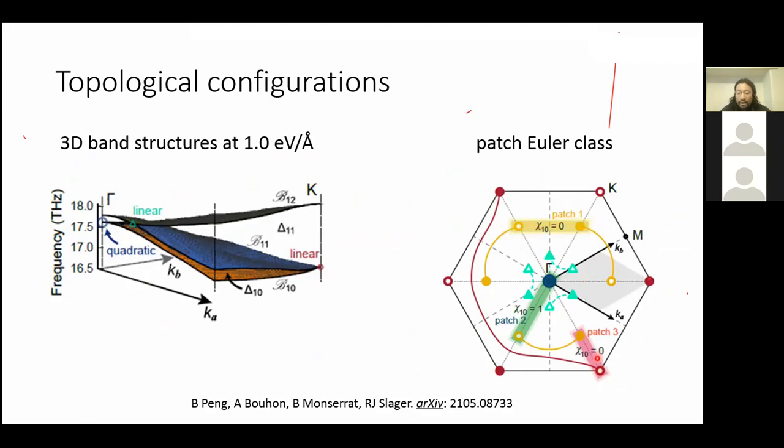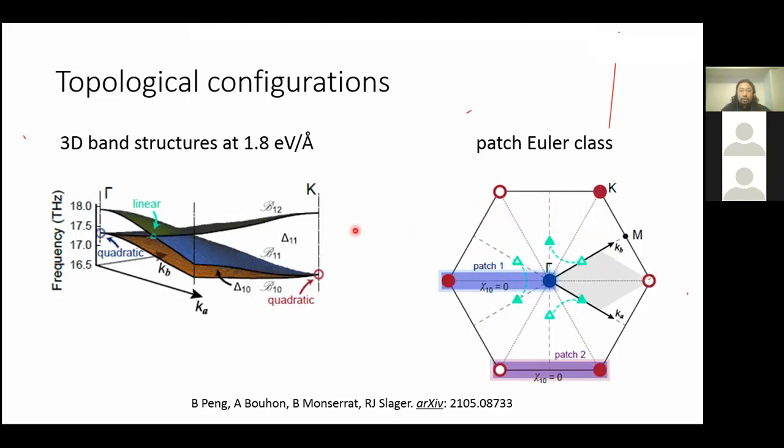And if the Euler class is 1, that either means they have a linear dispersion or quadratic dispersion, or they have the same frame charge. That means they will not be annihilated with each other. So we can calculate the patch Euler class and assign the topological charge. So to get this topological configuration, with open and filled circles to denote different signs of these charges.